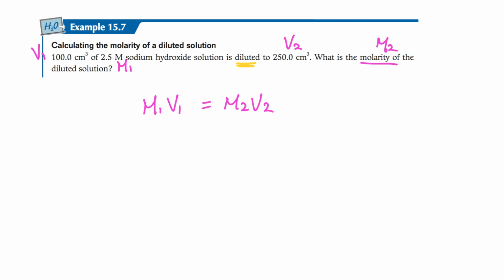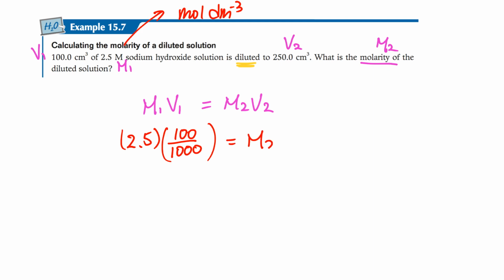You put the values into the equation and it can help you solve the problem. This one should be 2.5, and then the volume should be 100 over 1000 to put it in dm cube, because you know that molarity is mole per dm cube. So when you multiply, the volume also has to be in dm cube. This equals M2, the one we're going to find, times 250 over 1000.